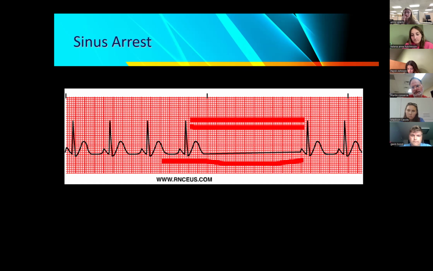Remember, when our heart rate drops, cardiac output also drops. Okay. So we'll learn more about that when we get into some symptomatic bradycardia. But again, our biggest concern here would be whether or not our patient is going to be perfused. All right. Any questions on sinus arrest?